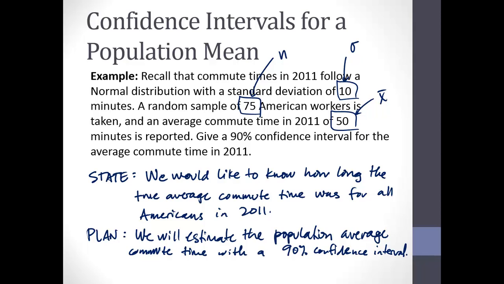Sorry, that's getting small at the bottom. So again, we want to know what that population average commute time was, and so to do that, we're going to estimate the population average commute time with a 90% confidence interval. So again, there's our practical problem, and here's our plan, or how we're going to go about answering that question that we're interested in.